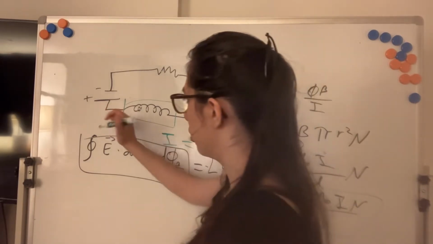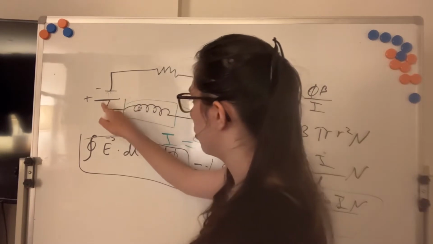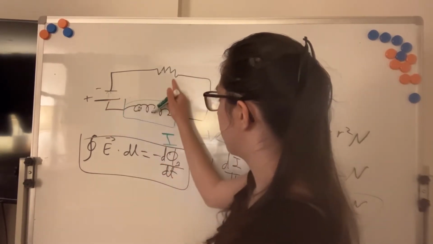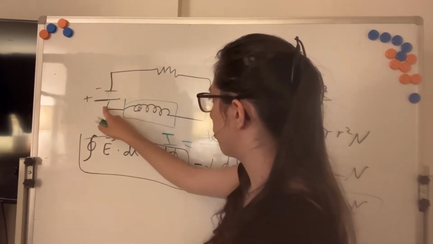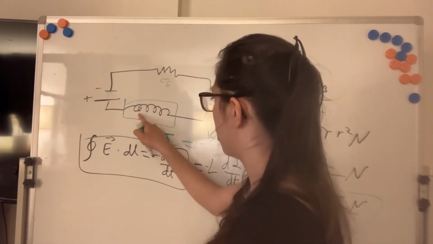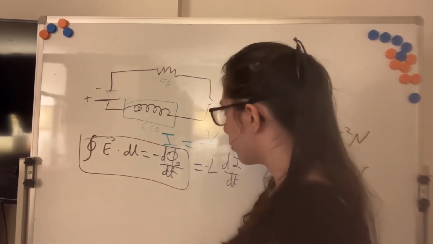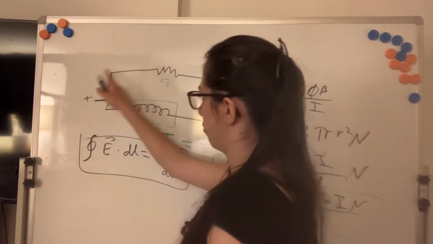So here, the electric field goes from positive to negative. The electric field here goes from positive to negative. So here is the electric field. And the inductor has zero electric field. The current goes in this direction.